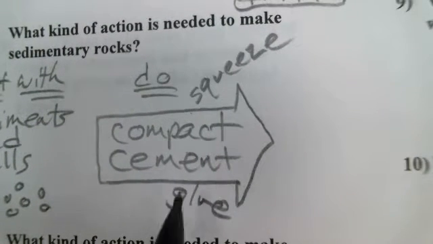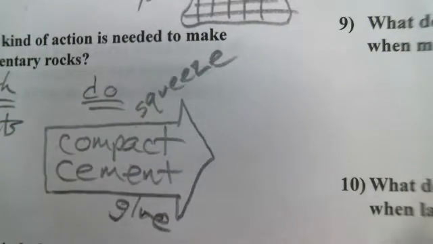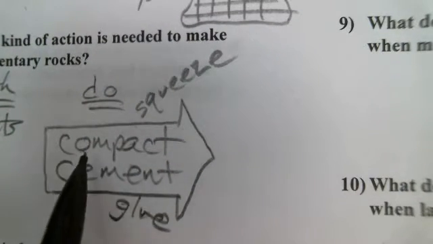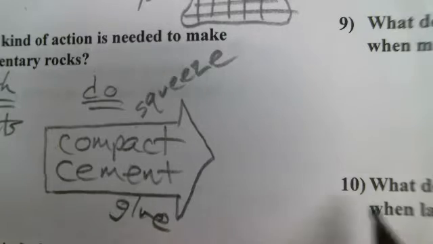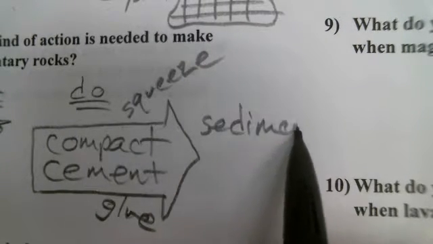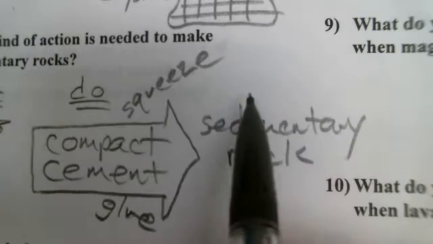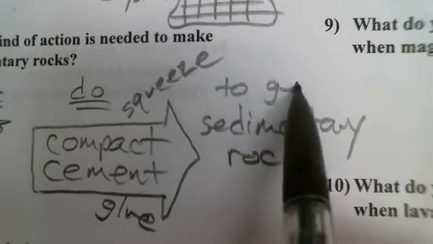So you have to have the right pressure, and you have to have the right kind of chemicals around the sand or pebbles, or shells, whatever, the right kind of chemicals to act as a glue. But if we do get this compaction or cementation, then we're going to get a sedimentary rock. That is what we're going to get.